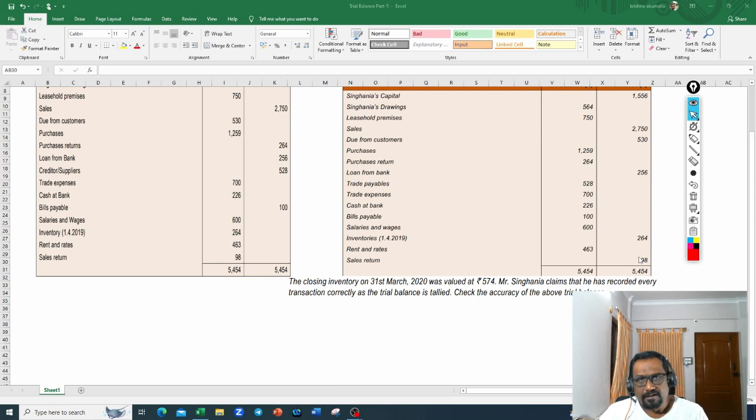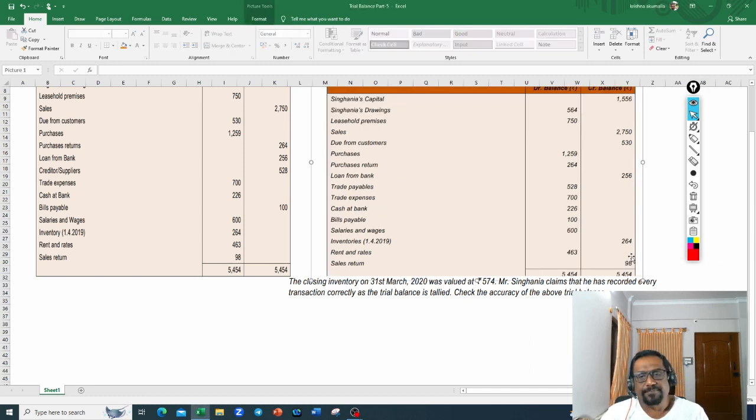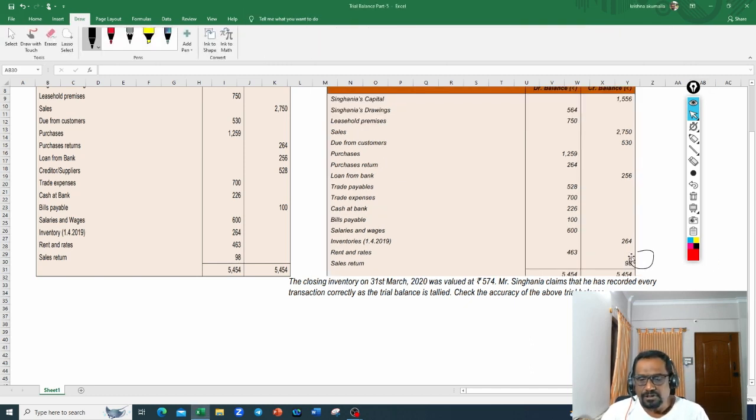Do you agree or disagree? Here sales return is shown in credit side, which is wrong. So you need to debit that amount.